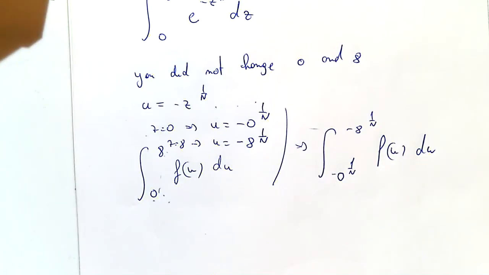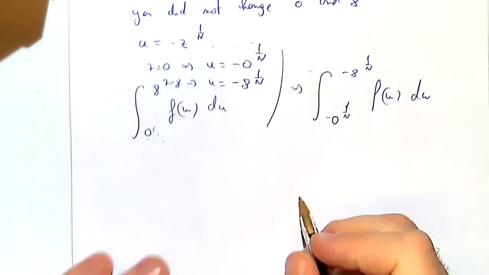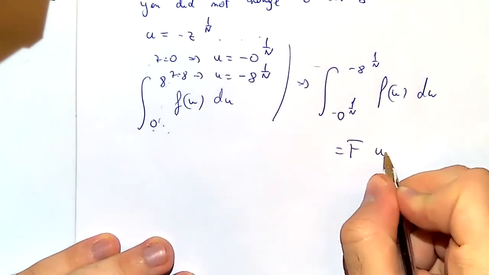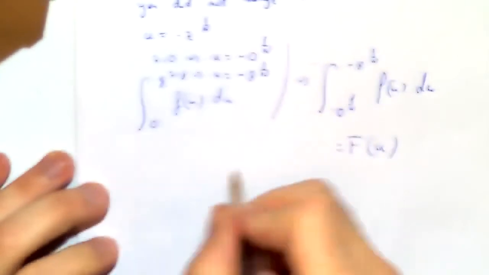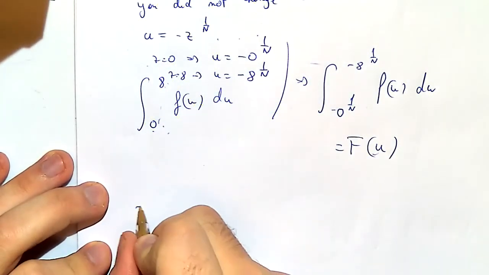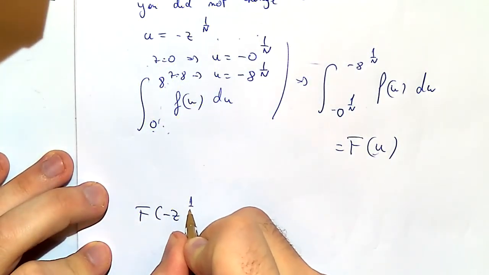Okay, now you're going to say, hey, I didn't do this, but I still got the correct result. Yes, some of you did get the correct result, with 7 days of time and being able to check the internet and whatnot. I'm not saying that you did, and personally, I don't care if you did. But on the exam, the problem is that eventually you get that this is equal to a big F of u. And then what you do is you replace this. You say, hey, this is just F of minus z to the 1 over n.